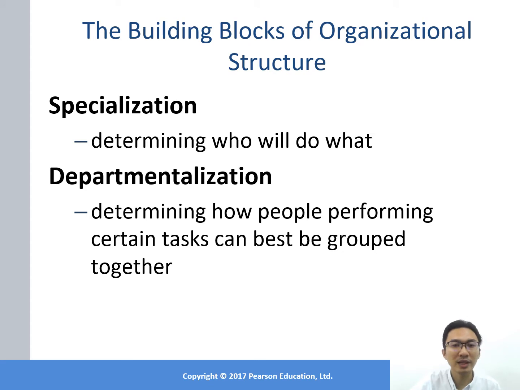Apart from this, let's take a look at the building blocks of organizational structure. So we have a couple of things. When we talk about job specialization, in order for us to create a structure or chart, first of all, what we need to do is actually we need to specialize the job. What is specialization, or normally what we call as job specialization? Job specialization is just a process.